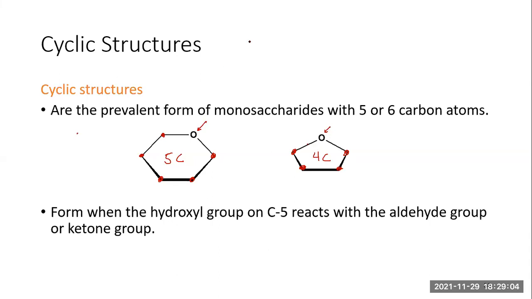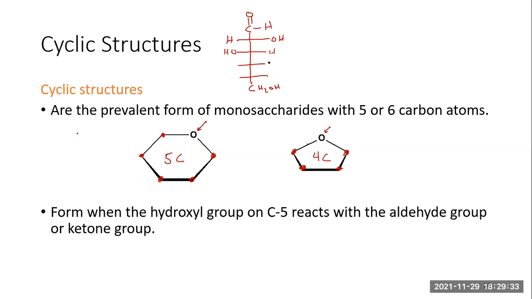So let's just take a random sugar here, and I'll draw it like this. Let's go 2, 3, 4, 5. We'll do this, and just randomly place these groups here. We'll put that there, do this one here, do that there.